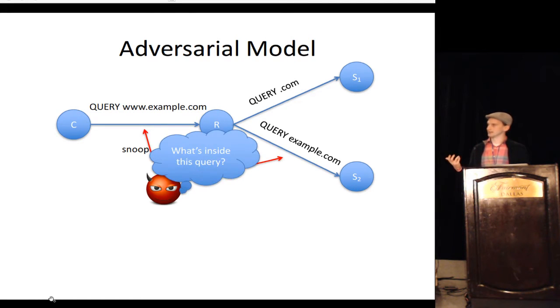His goal, again, is to figure out what's inside the query. This is why encryption is an appealing, or at least immediate, thing we can apply, because it prevents trivial attacks by just snooping traffic on the wire and figuring out what's inside the query. But there are still those other side channels that we want to try to plug.